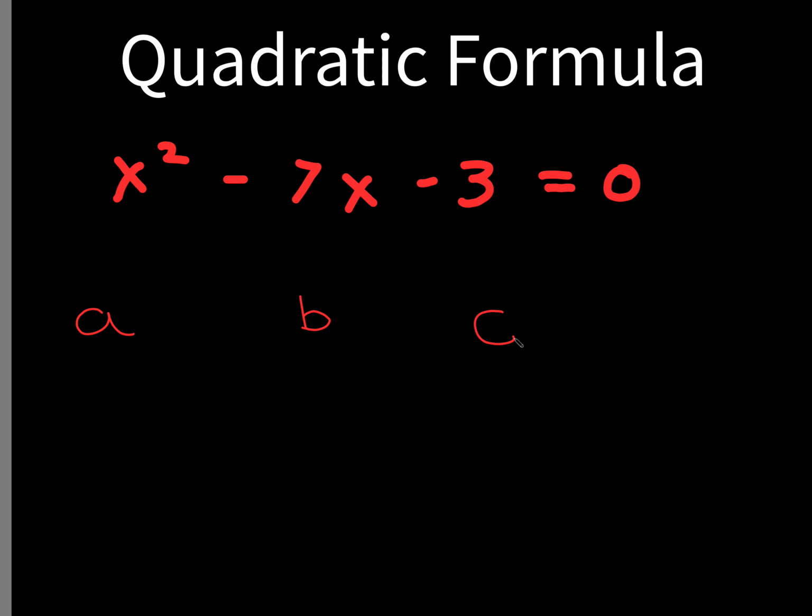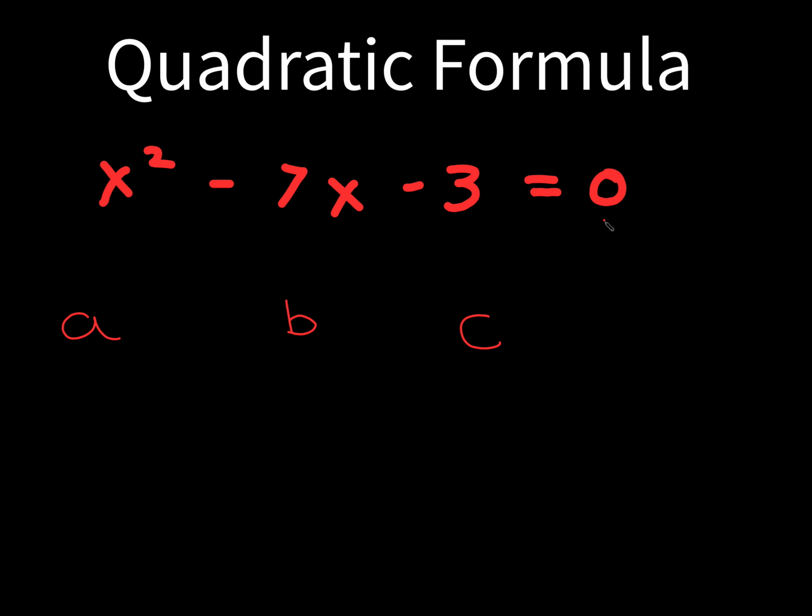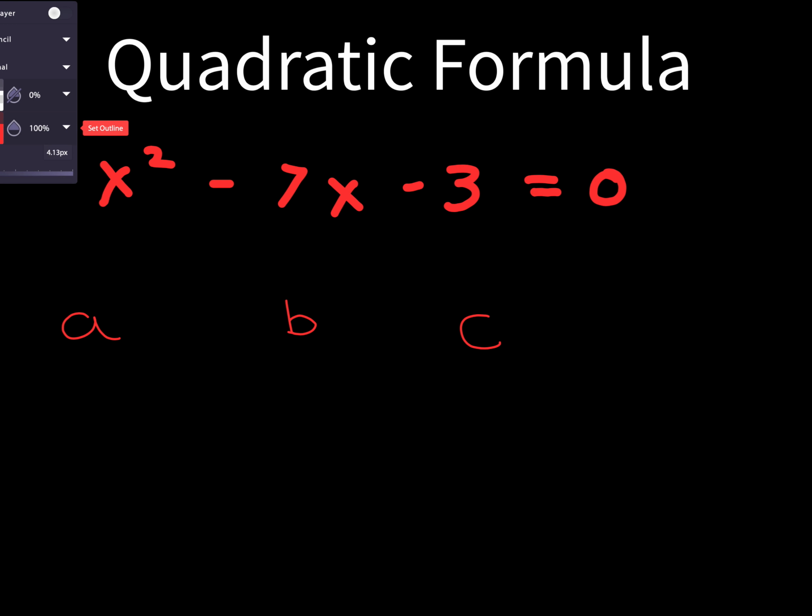Every time you have an equation like this one where you want to use the quadratic formula to solve, you will assign an A, B, and C to the coefficients here in front of the numbers. So let me go ahead and change the color now.